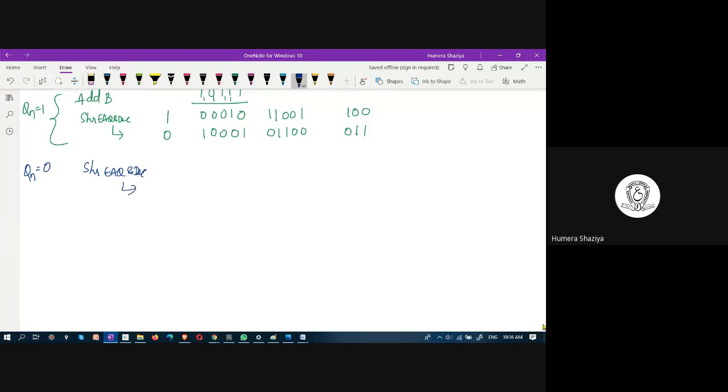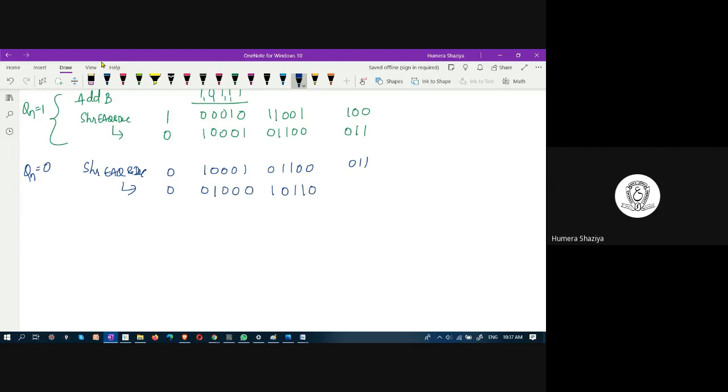When you perform this on these values, after you perform this operation, the result would be 0 1 0 0 0 1 0 1 1 0, and 0 is gone.